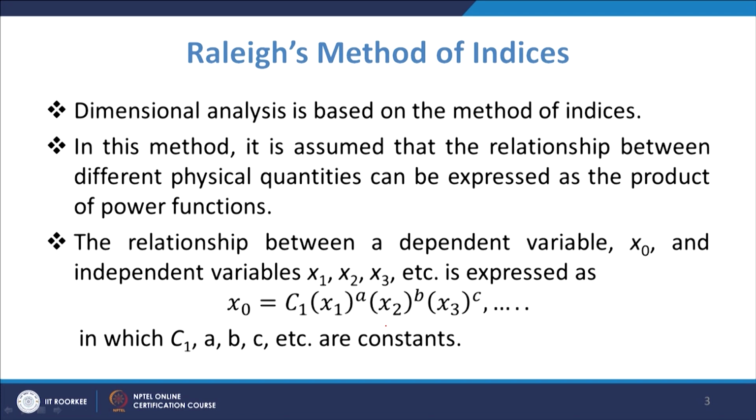Suppose x naught is a dependent variable, and it is expressed as C1 into x 1 raised to the power a, x 2 raised to the power b, and similarly x 3 raised to the power c, and so on. C1, a, b, and c are all constants.